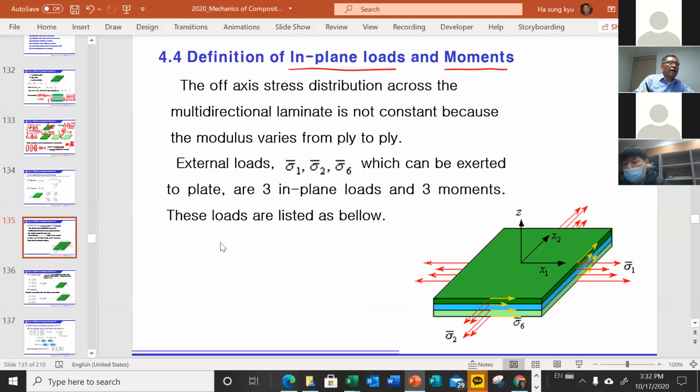So we have a multiple laminate, and we now have a load. This is a load now, not the stress: N1 and N2 and N6.